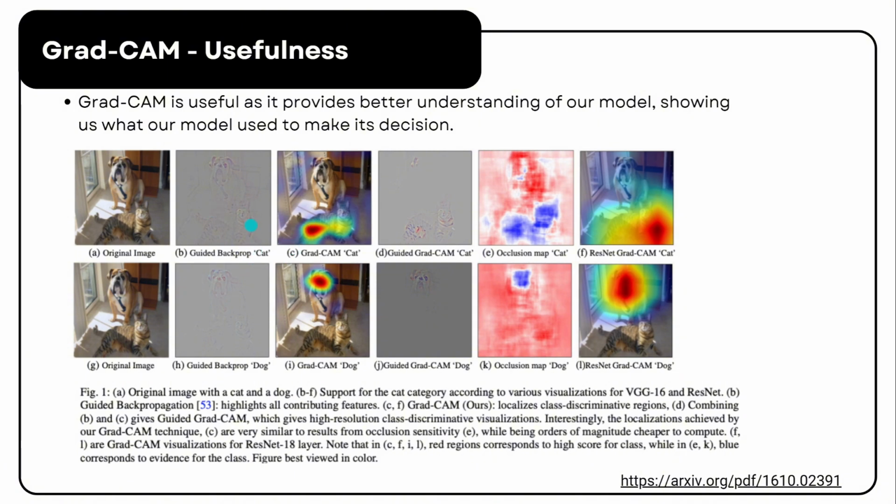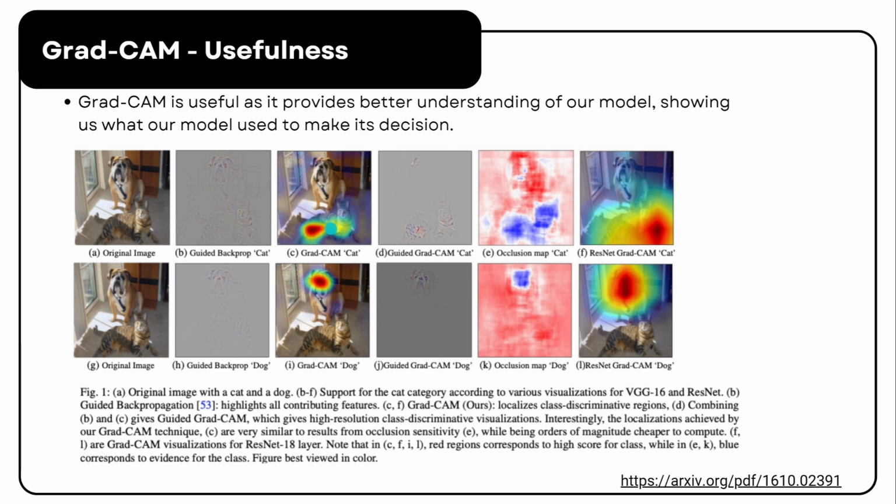For instance, when the model predicted cat, you can see that GradCam highlights the head region, and I think it also includes the eyes or the ears, which makes sense since that's a strong distinguishing feature.